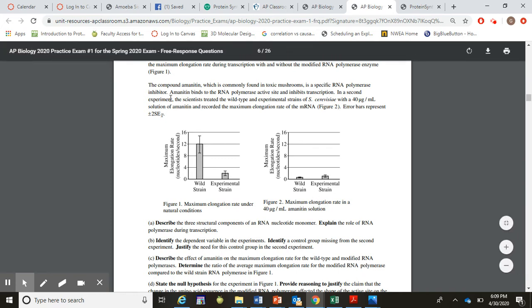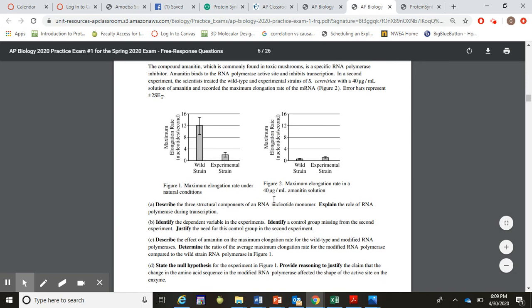So you could use both: the wild strain without the amanitin and compare it, and the experimental strain without the amanitin and compare it. And the need for that is to show that the amanitin is reducing the elongation rate, to show that there is an impact of using the inhibitor that is actually causing the elongation rate to be reduced.